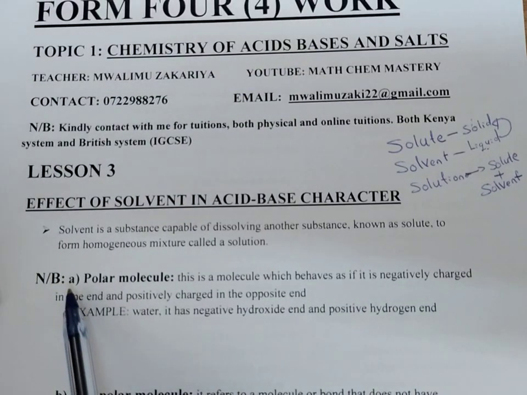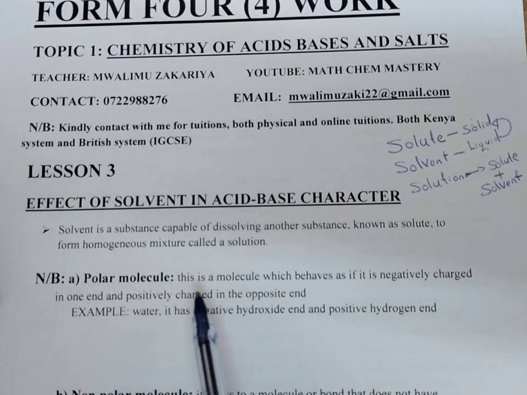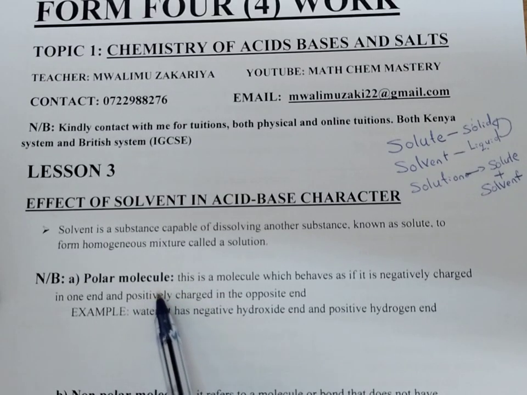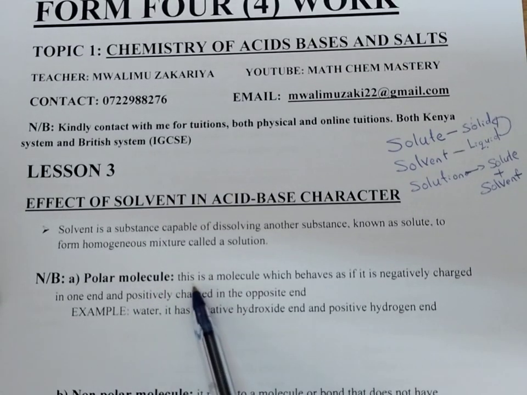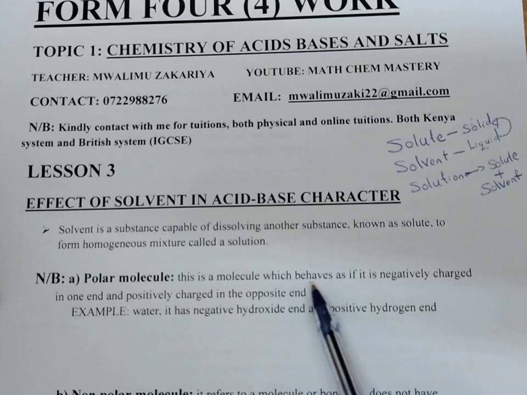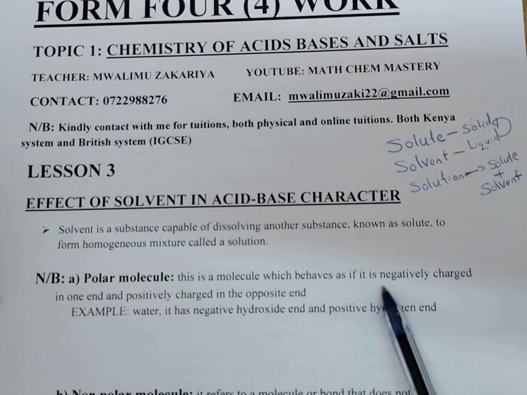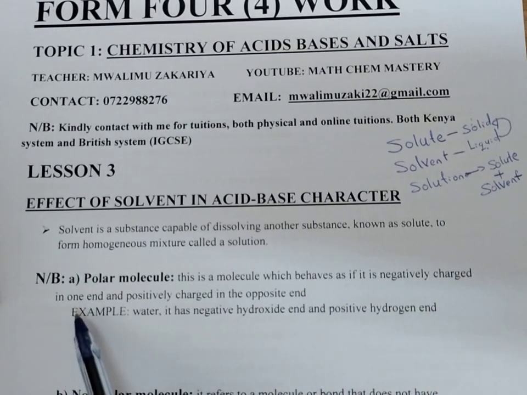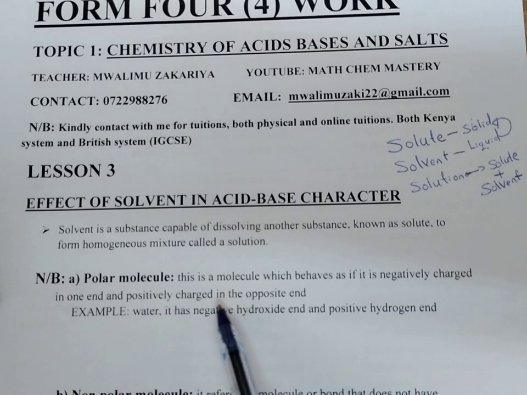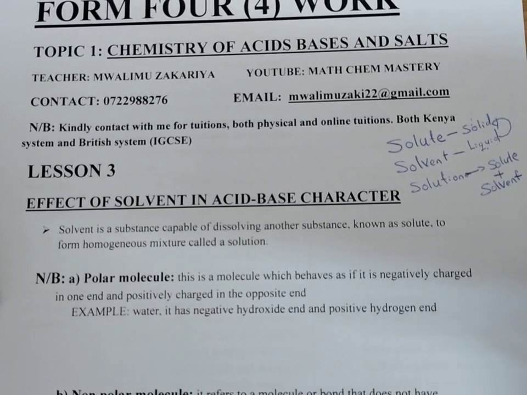In B, we have a polar molecule. What is a polar molecule? This is a molecule which behaves as if it is negatively charged at one end and positively charged at the other end, meaning it has both charges. An example is water.